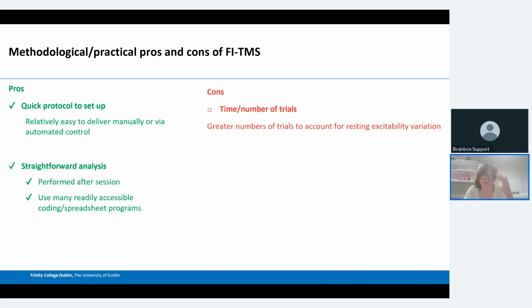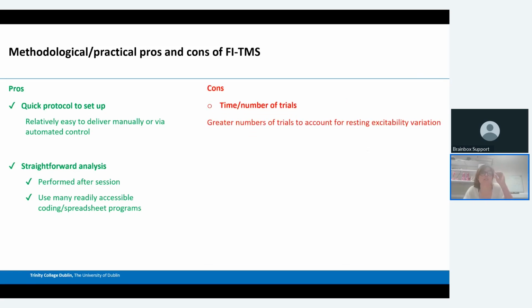But there are a number of issues or cons to this approach. One would be the amount of time it takes, and the amount of time it takes relates to the number of trials you decide to use. I gave the example of using 20 repetitions. And the reason I give that example is that anyone who uses TMS will know that motor evoked potentials fluctuate, not randomly, but with the changing excitability of the cortex, which naturally happens at rest.